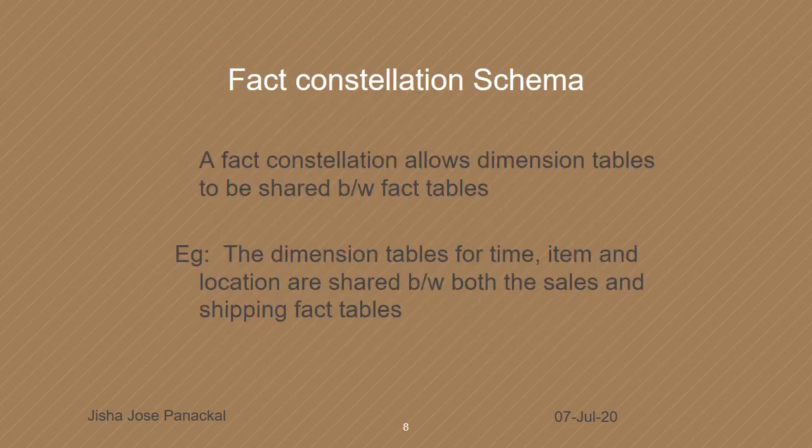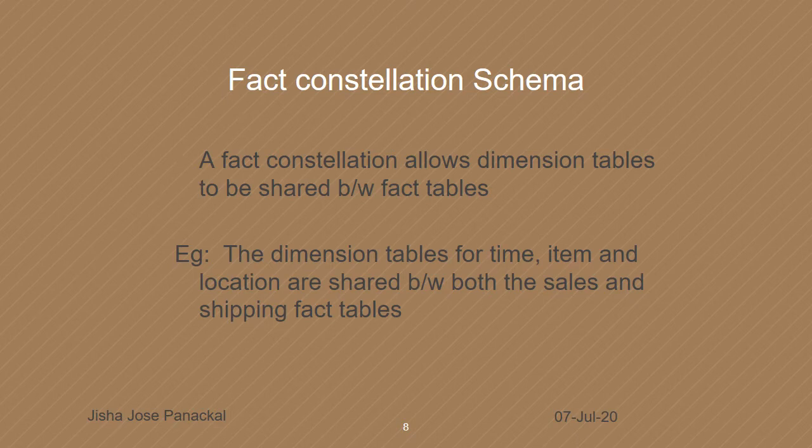The next schema is the fact constellation schema. A fact constellation allows dimension tables to be shared between fact tables. This is the most practical schema that can be used for the design of data warehouses.